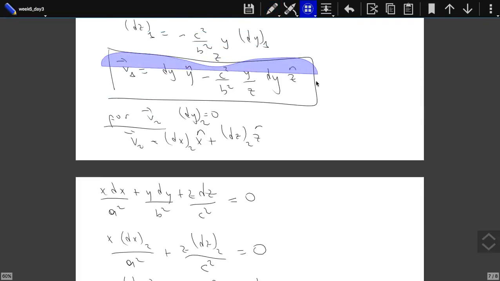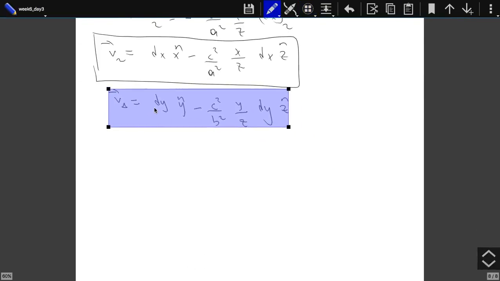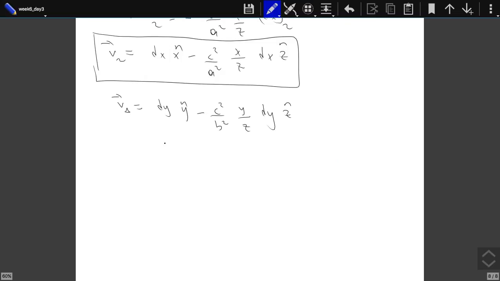Now we have our v1 and v2. We can construct our surface vector v1 cross v2. One is proportional to dx, the other is proportional to dy, so the S vector will be proportional to dx dy, which, as your friend has pointed out, is nothing but the area on the xy plane. So what is the cross product?